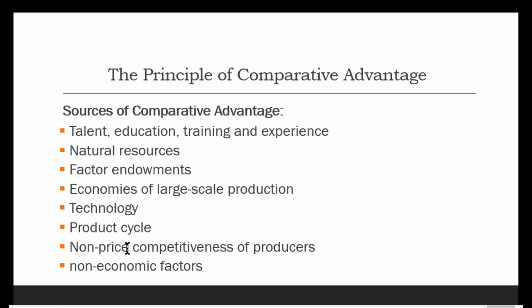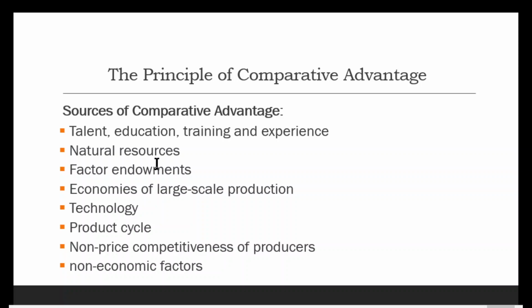Okay, and also in terms of natural resources, of course you have a comparative advantage if you have the available materials, the available factors of production, and this is closely related to factor endowments.